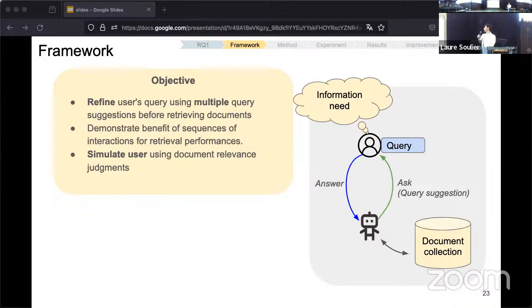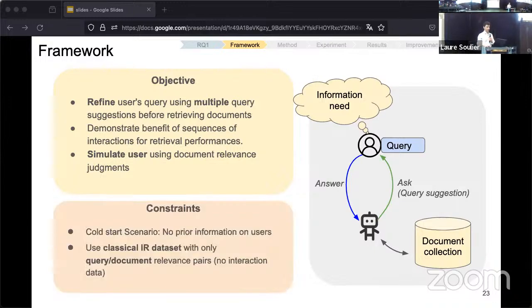In this work, we simulate the user solely by using what we call a classical IR dataset, which contains queries and document relevance judgments. The constraint is that we have no prior information on the users, and we use only classical IR datasets.